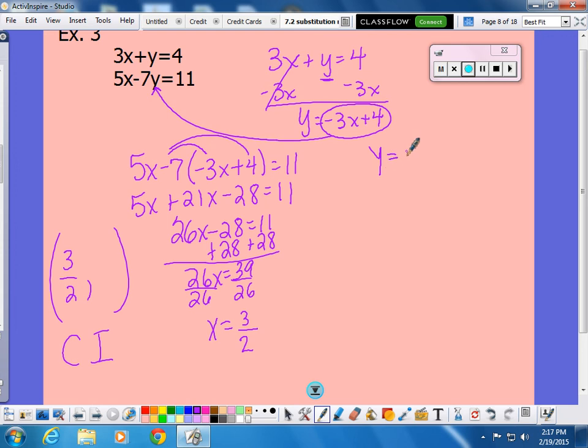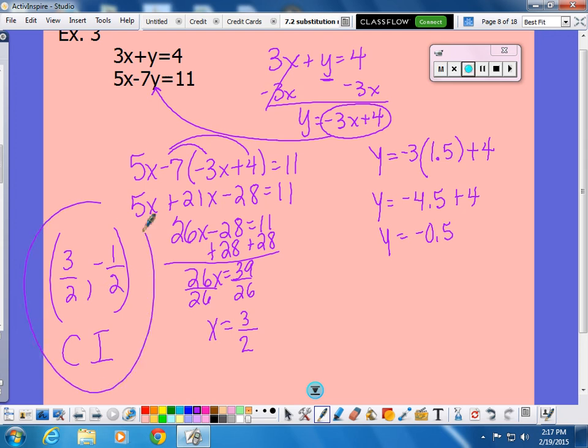And so we'll say y equals -3 times 1.5, or 3/2, plus 4. So -1/2, or -0.5.